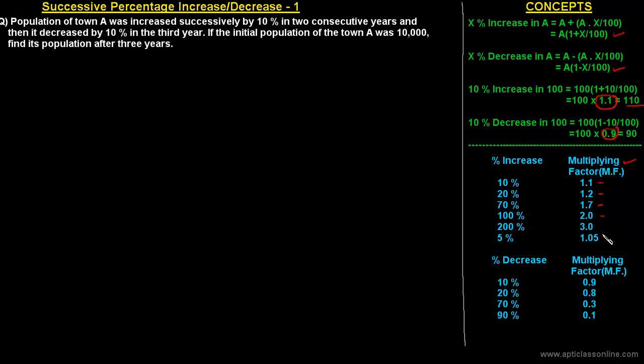Similarly, for 200% increase, 3. For 5% increase, it will become 1 plus 5 by 100, so it will be 1.05. So these are the multiplying factors for these percentage increases. You can calculate other multiplying factors for other percentage increases.